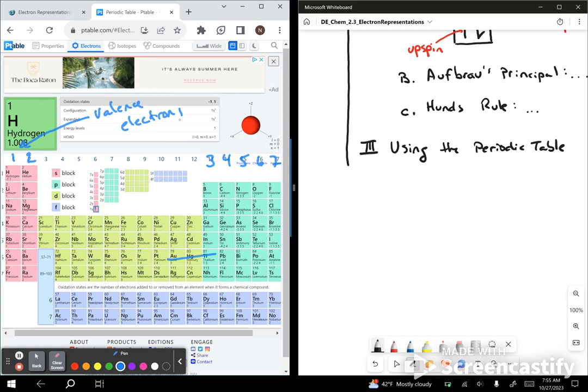Okay, so your first period, period 1, has 1 valence electron in it. Your row 2 has 2 valence electrons in it. So this would be like saying you have 1s1. This one would be like saying 1s2.